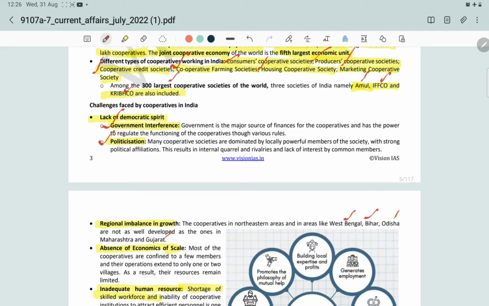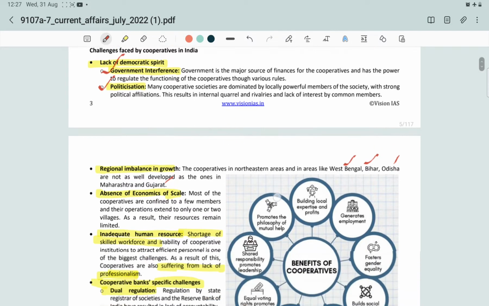And absence of economic scale. This means most of the cooperatives are confined to a few members and their operations extend to only one or two villages or only two or three families. As a result of this, their resources remain limited and their functions also limited.